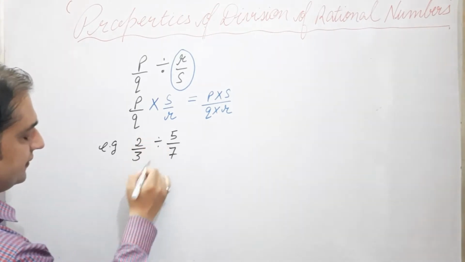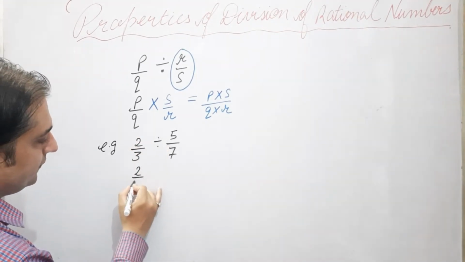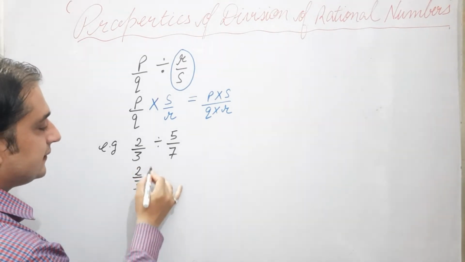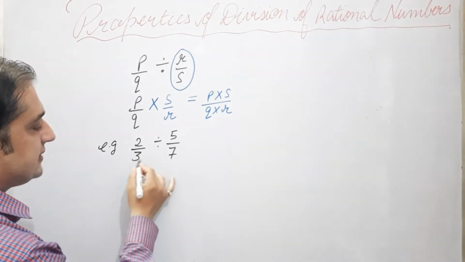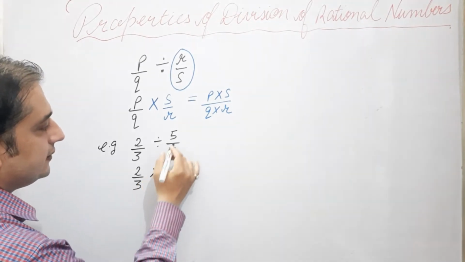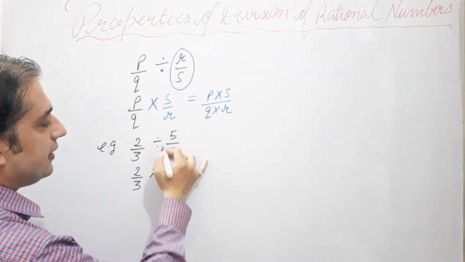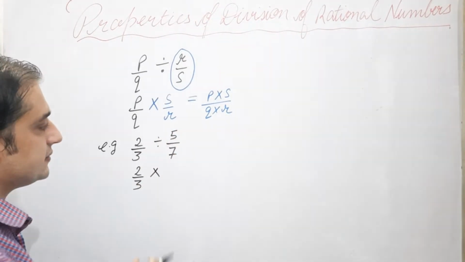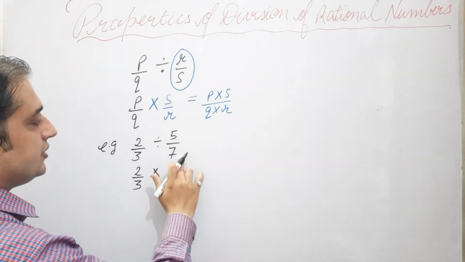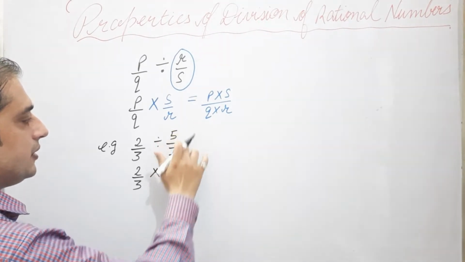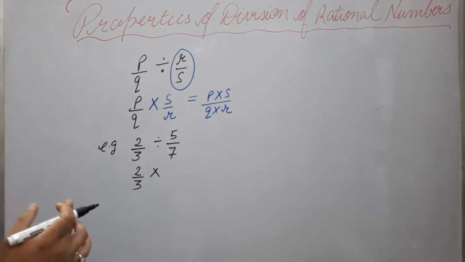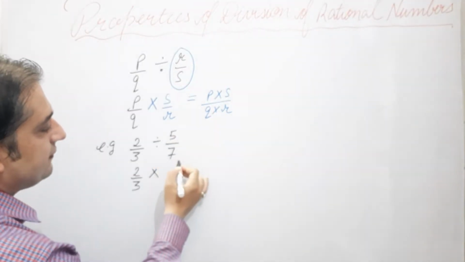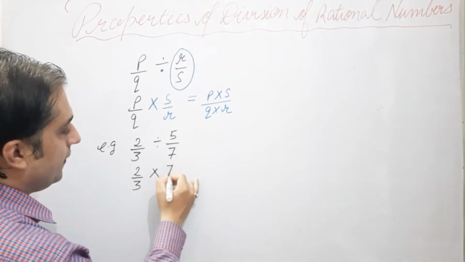You just write the dividend 2 by 3 as it is and multiply it with the multiplicative inverse, that is, interchange the numerator and denominator. The numerator becomes the denominator and the denominator becomes the numerator. So what is the multiplicative inverse of 5 by 7? That is 7 upon 5.